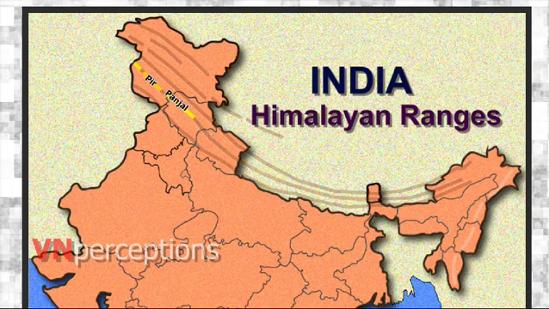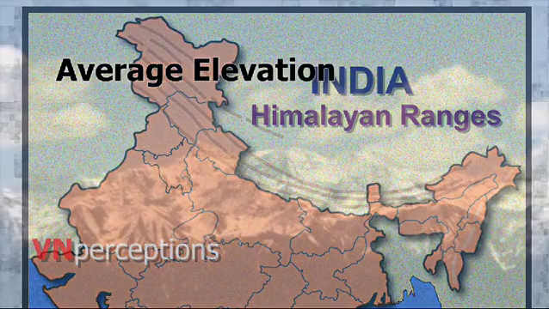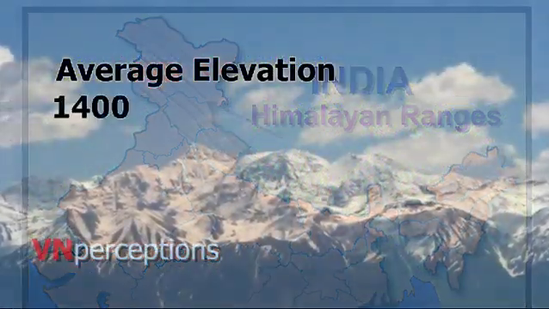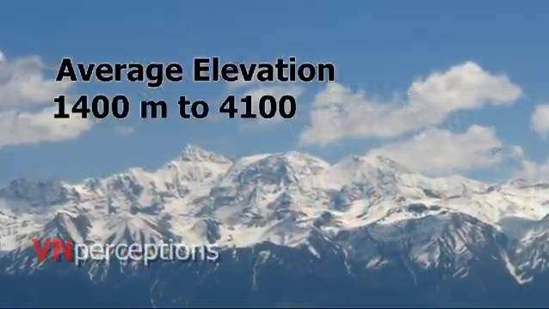The Pir Panjal range is the largest sub-range of Lesser Himalayas. It is a group of majestic mountains in the Indian state of Himachal Pradesh and Jammu and Kashmir. The average elevation varies from 1,400 meters to 4,100 meters.